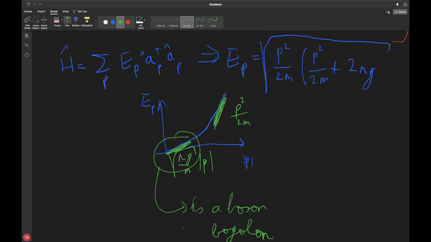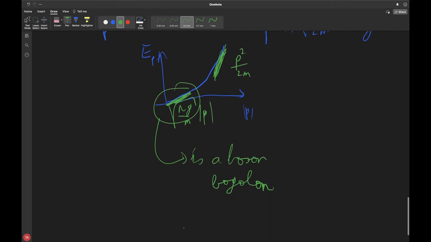Nikolai Bogolyubov figured this out, and that's why we call it a bogolon. The original bosons have a number density whose behavior is wave-like, and then these waves are quantized into bogolons. These large momentum bogolons behave like free particles with mass m. So when p is high, they behave like free particles.